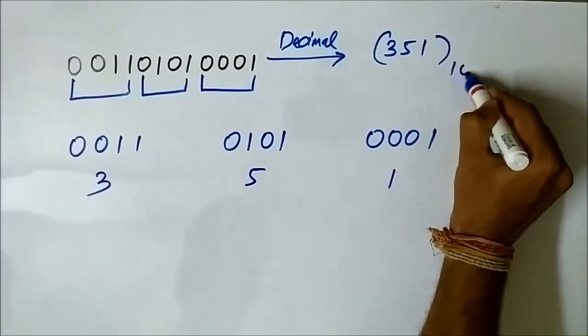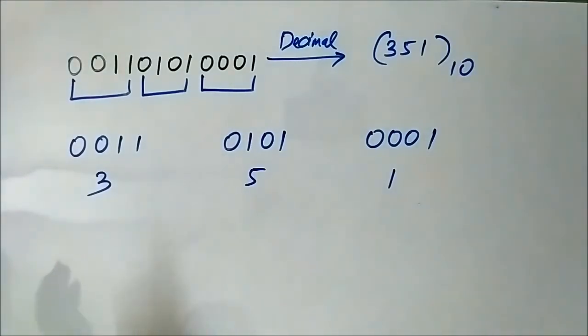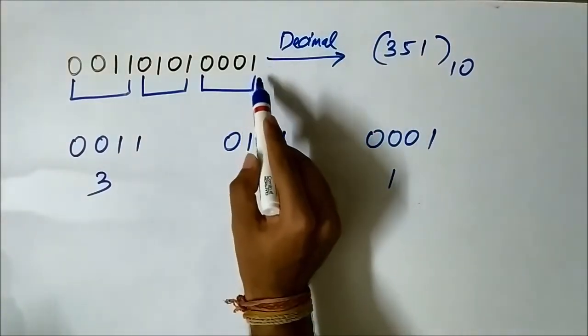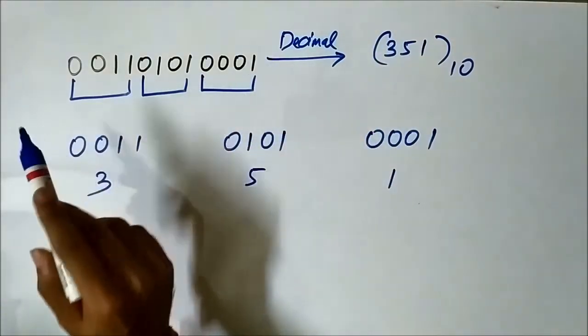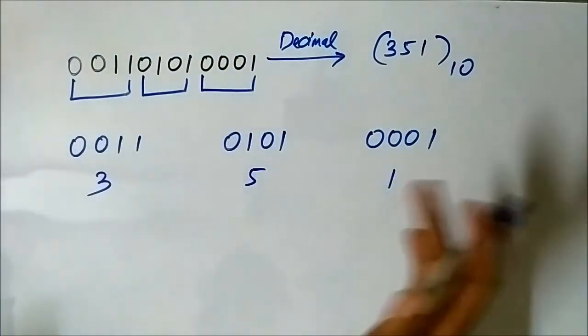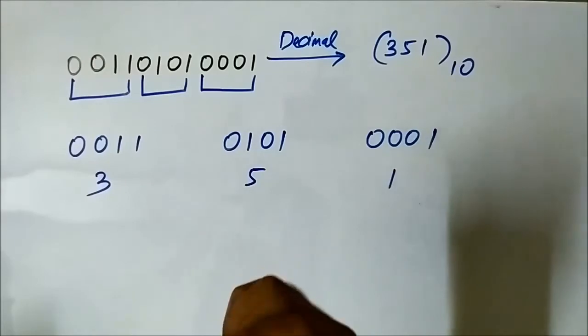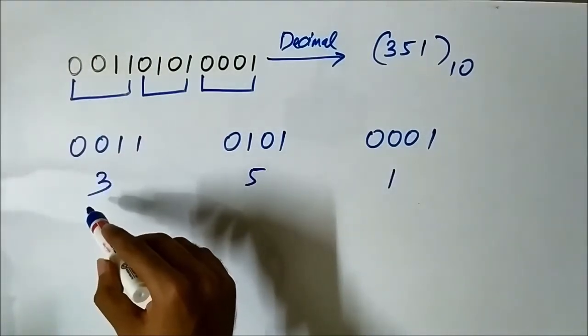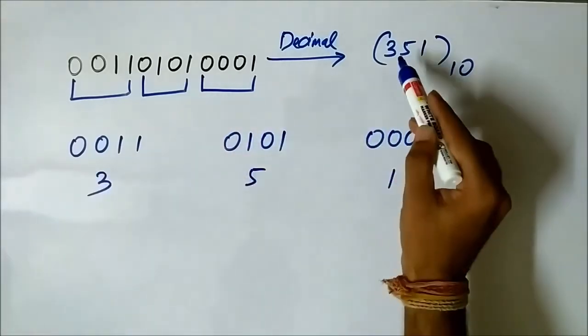So here also the steps are the same. For the given BCD code, you start from the LSB side, make 4-bit groupings, write those 4-bit groups separately, convert each of the 4-bit binary groupings into the equivalent decimal digits, and then combine the decimal digits together.